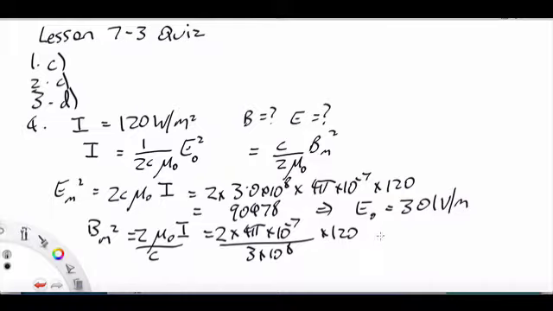And that gives us B equals 1 by 10 to the minus 6 Tesla. Or if we didn't even want to take all of this last step, we could have gone from E naught divided by 3 by 10 to the 8 and gone straight to B naught. Either way is fine.